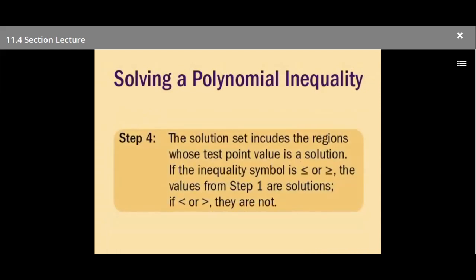And then step 4, the solution set includes the regions whose test point value is a solution. If the inequality symbol is less than or equal to or greater than or equal to, the values from step 1 are solutions. If less than or greater than, they are not.